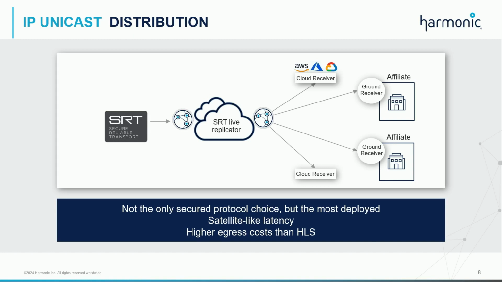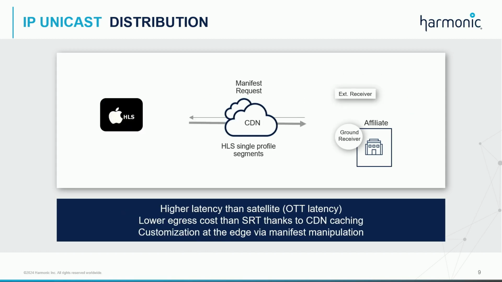I would say the disadvantage of SRT is also on the cost side. So it's cheaper than using a managed IP network. But that being said, it's a much higher cost than using CDN-based delivery. And the reason for this, and that's the last example in the presentation, is using a CDN-based protocol like HLS, which is based on HTTP, it allows the video content to go through a classical CDN infrastructure.